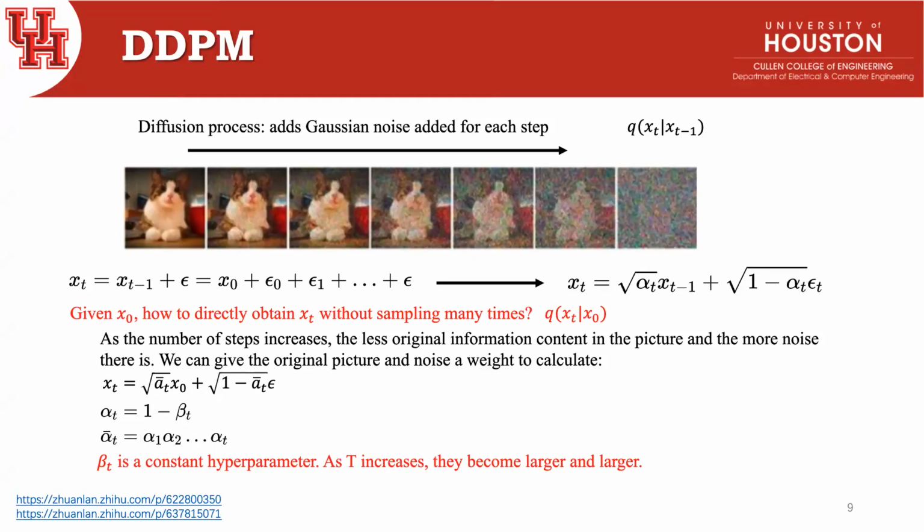Here we use the reparameterization sampling. With the math formulation, you get xt equals a weight multiplied by x0 plus epsilon, where epsilon is the noise. So you can just remember that xt can be directly obtained from x0.